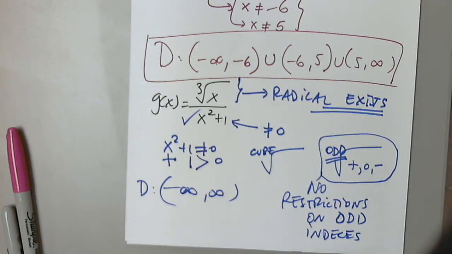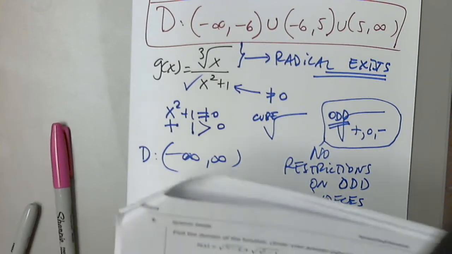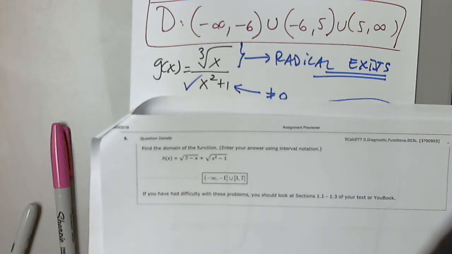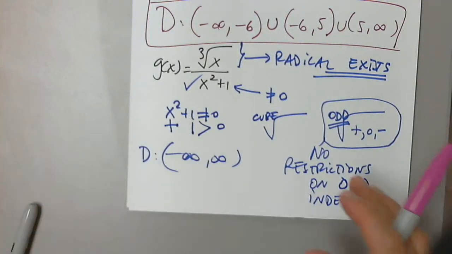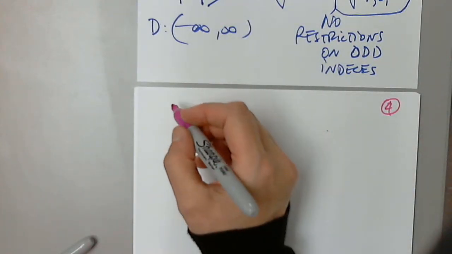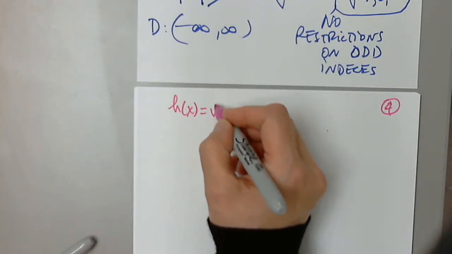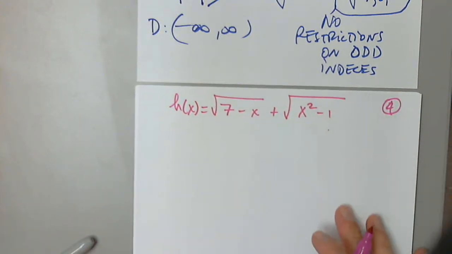Now, this next problem, I would have presented it no matter what, even if you said, no, it's easy, we don't need it. Because this is a totally different story. This is a function composition, or I should say a sum of two functions, to be exact. So the next one is h of x, the square root of 7 minus x plus the square root of x squared minus 1.